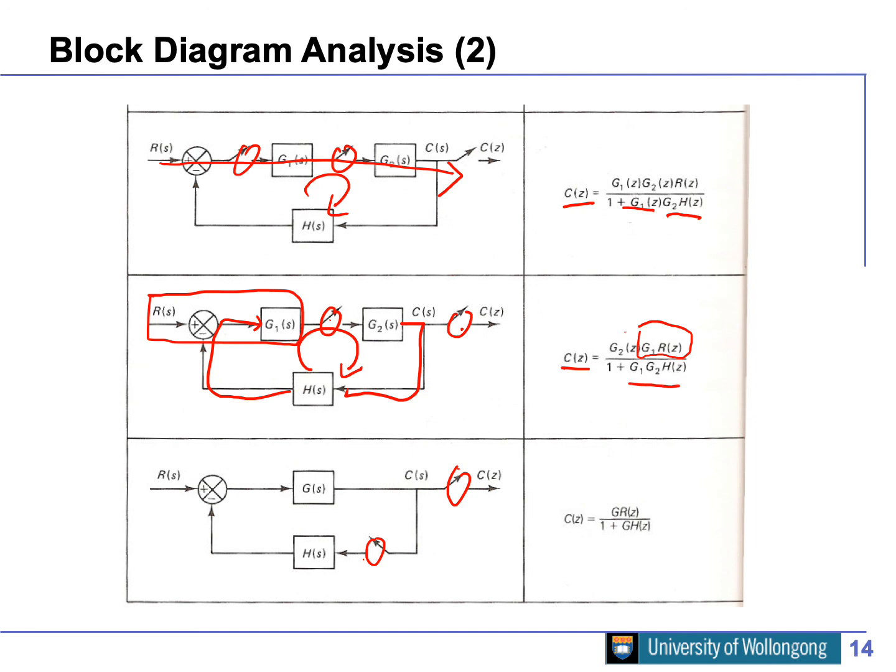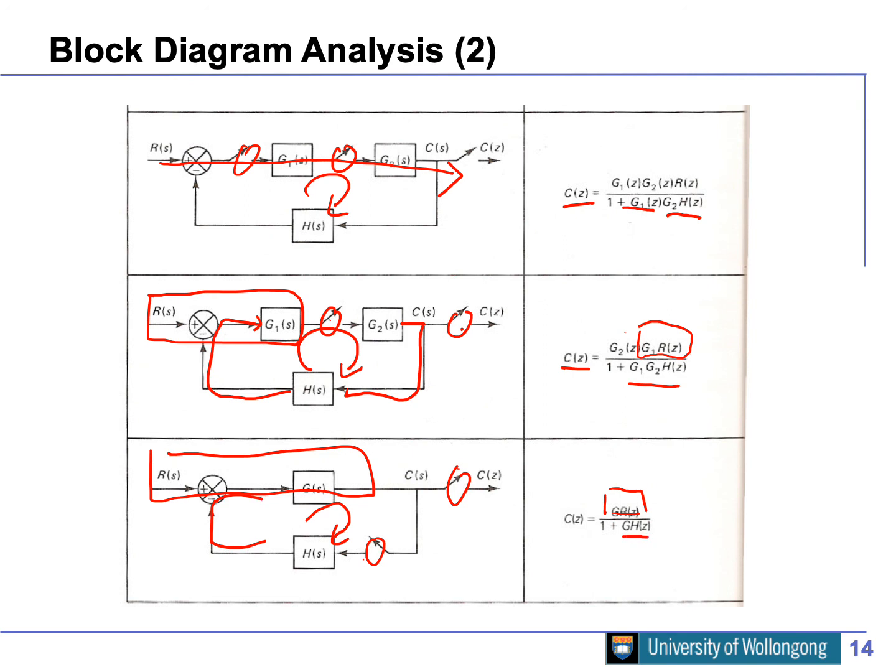The last case is output C(z) equal to forward, which is this thing on the top. You multiply them together and do the Z transform, and then 1 plus the closed loop. Here, G(s) and H(s), this part is separate, but this part is connected, so they are still together.